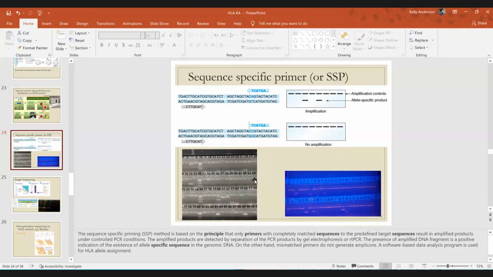If you do SSO, it's not super specific. You'll get a list of the more common types and then some really rare types that it could be, but is unlikely to be. So in stem cell transplants, you don't want that ambiguity.